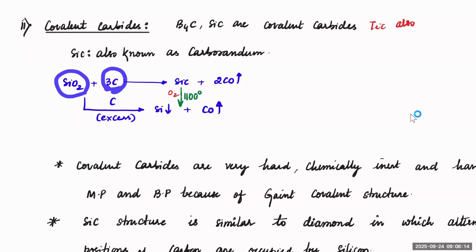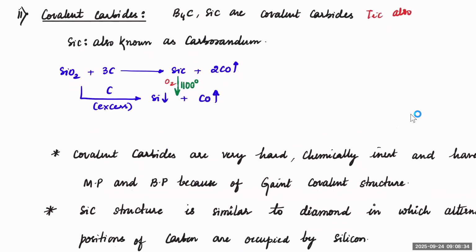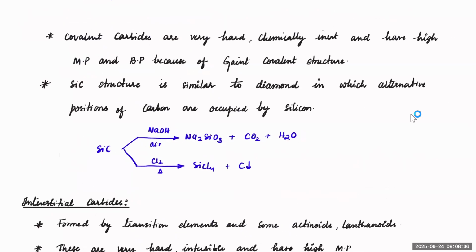Silica, when you react with 3 moles of carbon, it will convert into SiC and carbon monoxide. You can directly react with excess of carbon also, but excess of carbon will lead to formation of silica completely. This is the way you can get SiC.